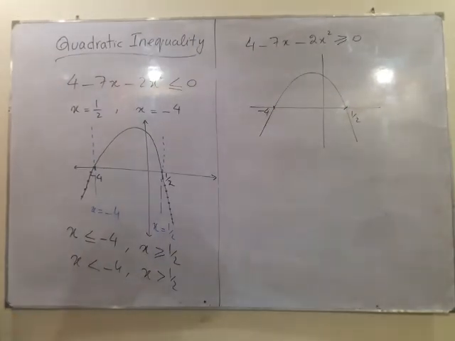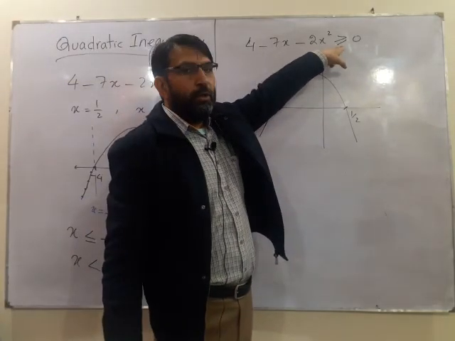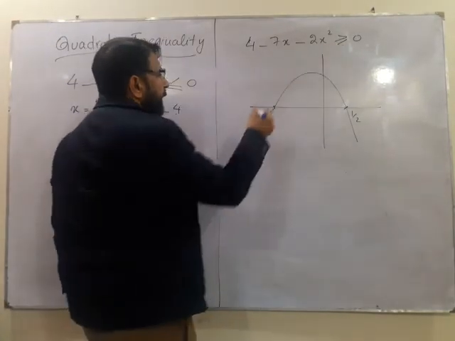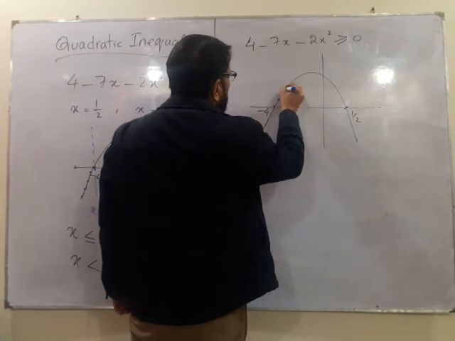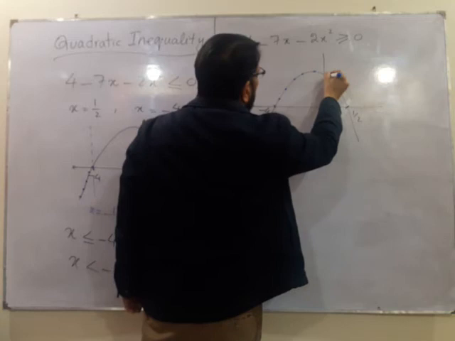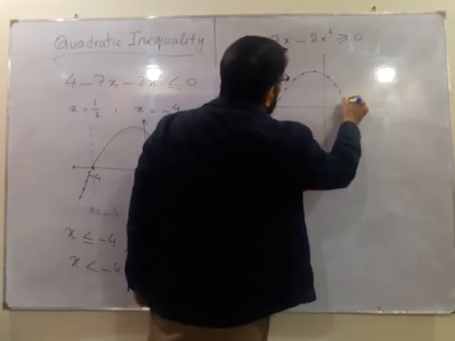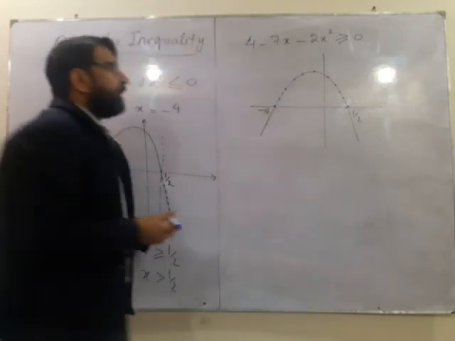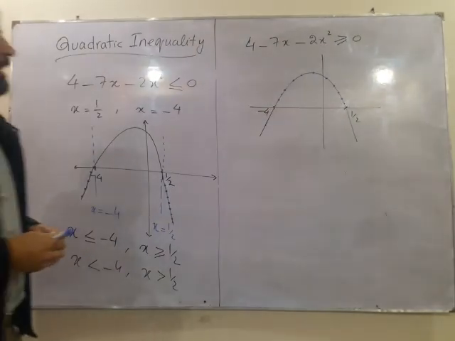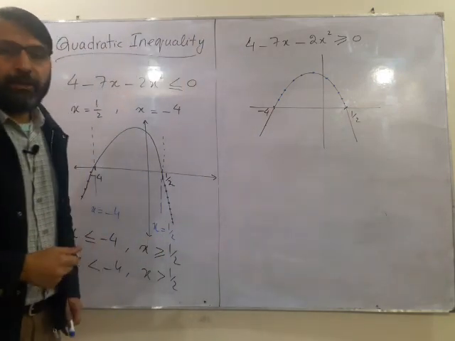Now here we are looking for greater than or equal to 0, so it will be lying above the x-axis. Blue dots are marking the region where these answers could be lying. And we see that these answers are lying between minus 4 and 1 by 2.